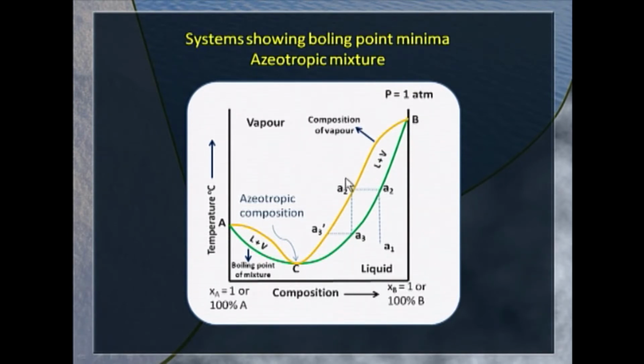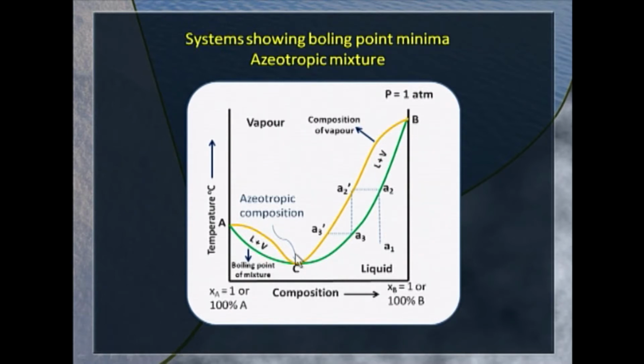The vapors that emerge out have the composition given by A2 prime, and if we condense this vapor, we get a liquid having a composition given by A3. If we heat it, it liberates vapors having a composition A3 prime, and successively if you do this, condense the vapor to get the liquid and again evaporate that liquid collected, ultimately we reach the composition corresponding to the point C, at which the liquid that we have shows a sharp boiling point.